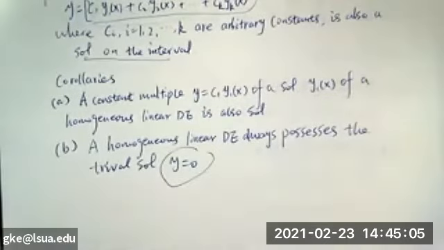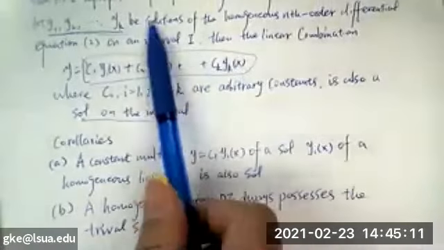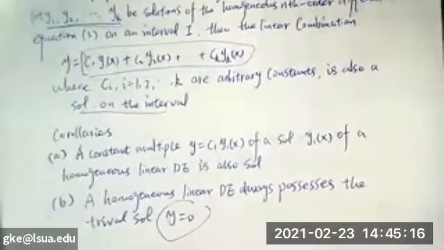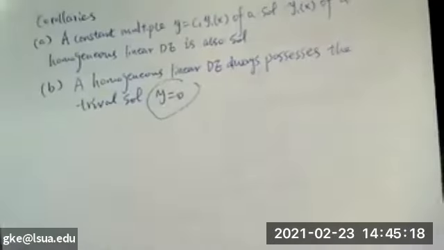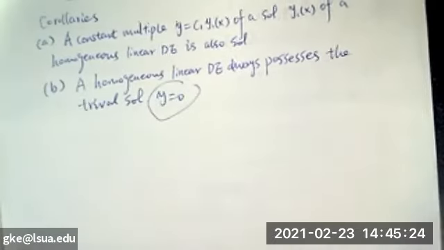Now, as we mentioned before, if I give you k solutions, we can take the linear combination and construct a new solution. So now let's take a look at the example.